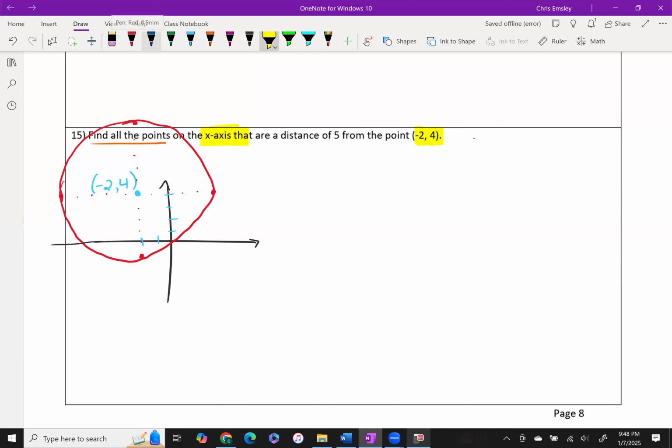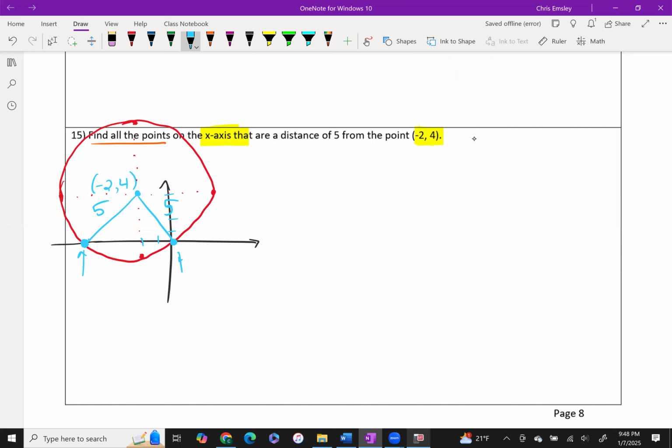So they are asking me to find this point right here, that's on the x-axis and on my 5-unit circle. And this point right here, which is also on the x-axis and also part of my circle. My picture is wobbly and not to scale, but this gives you the idea. So we are looking to find these 2 points, each of them 5 units away from the point we were given.